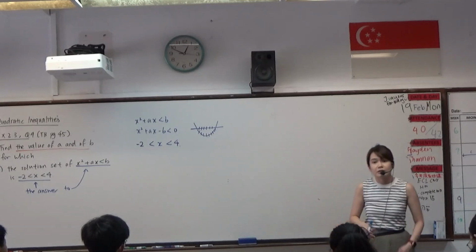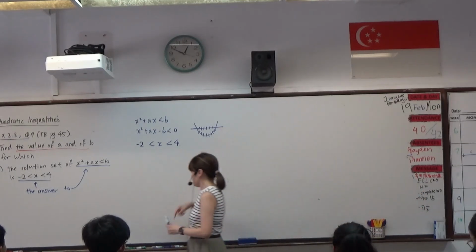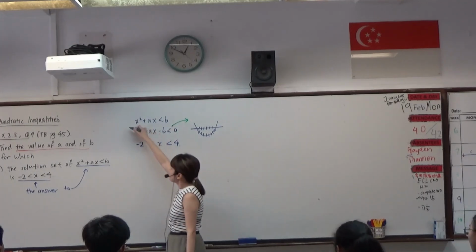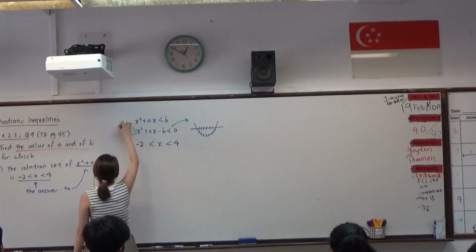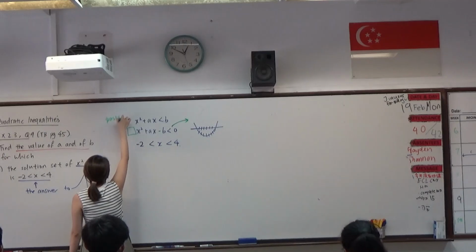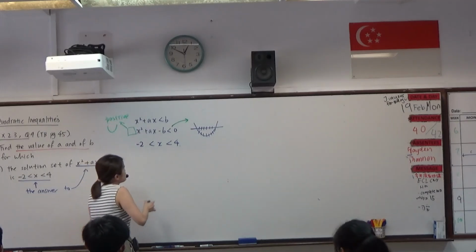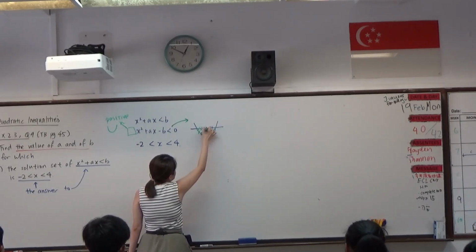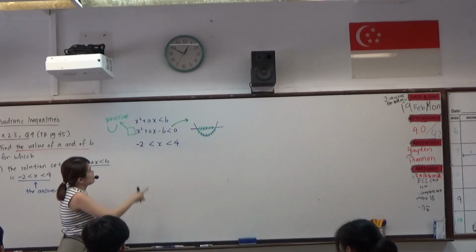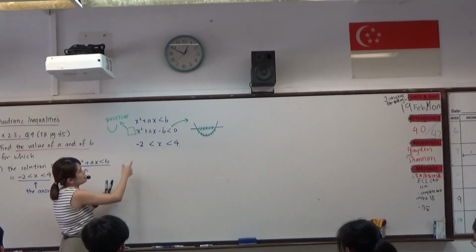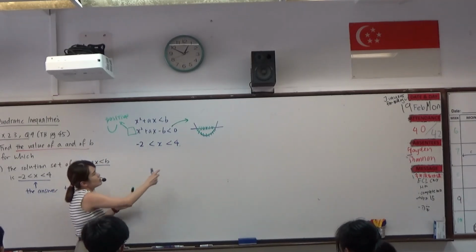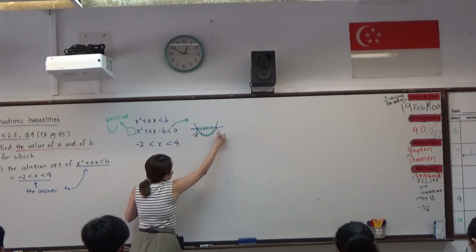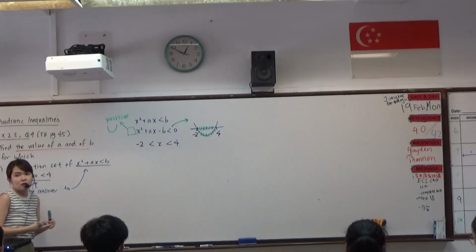So the graph is what we can get out of this inequality: positive coefficient of x squared, so it's happy face, less than 0, so it must be here, and so we're looking at this interval. Which makes sense because our interval is between negative 2 and 4, and if we are looking at this interval, we need the values to be negative 2 and 4.